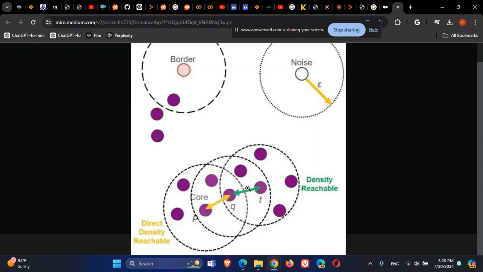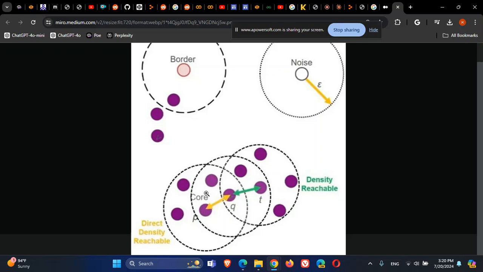Now I will look at that point. It's another clustering. It's another core point. So we have this cluster and that cluster. So this core point and that core point, I can say that they are direct density reachable because this core point and that core point are in the radius epsilon of one another.